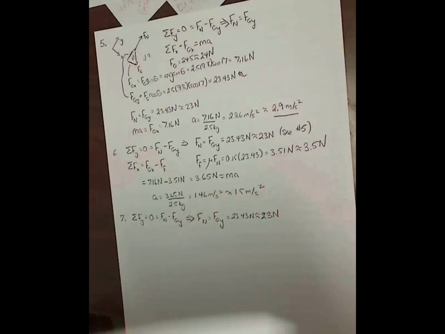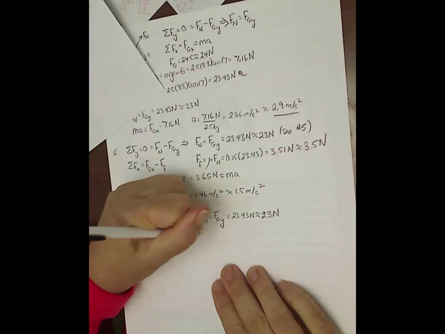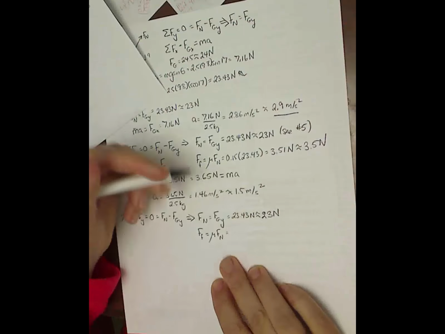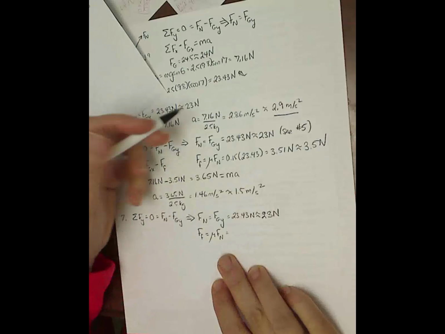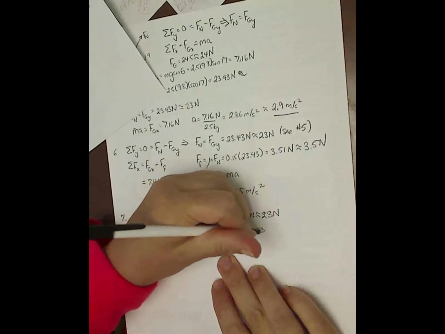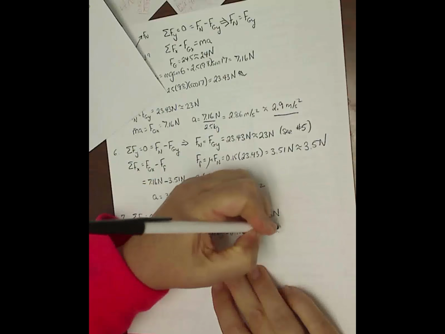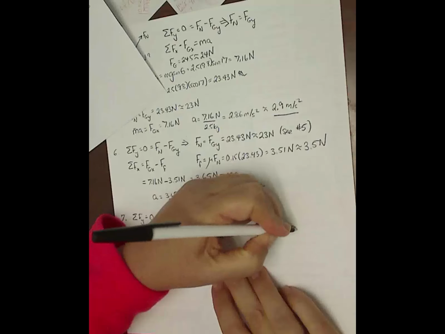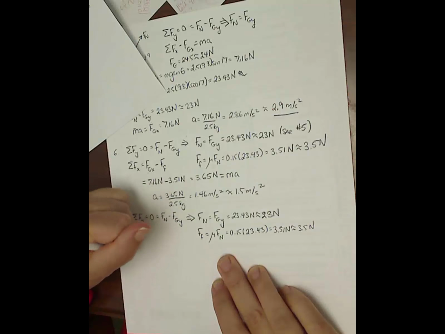The frictional force, well, frictional force is mu times the normal force. So again, since the normal force is the same as in number 6, we get the same number. So 0.15 times 23.43, which is 3.51 newtons. The total force in the x direction.